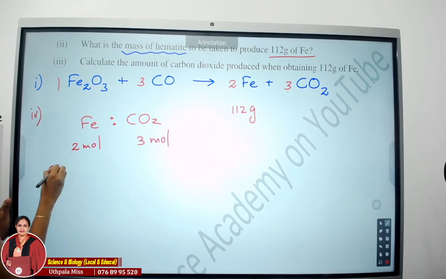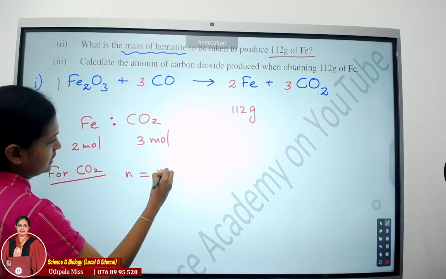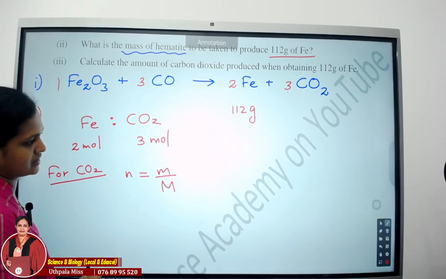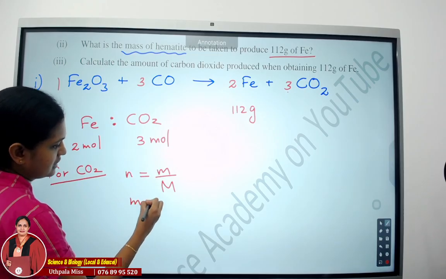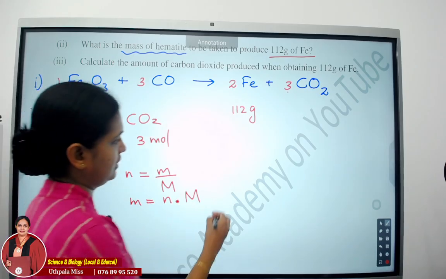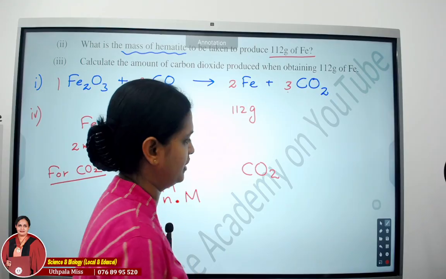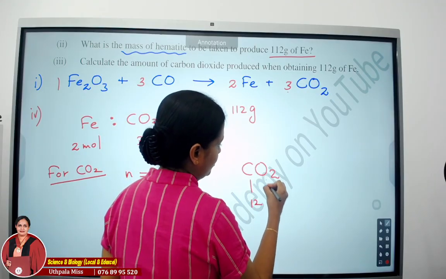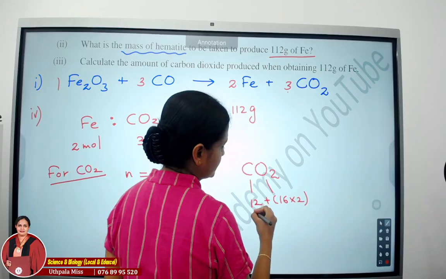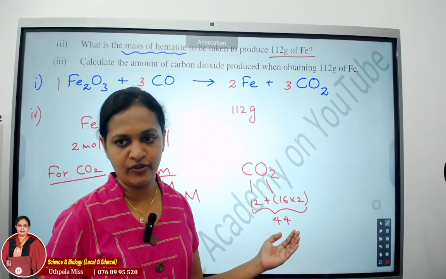For carbon dioxide, I can take the equation n equals m over M. You are asked what is the mass of carbon dioxide produced, so the mass equals number of moles multiplied by the molar mass. First you have to calculate the relative molecular mass. Carbon is 12, oxygen is 16, 16 into 2 is 32, plus 12 is 44. That is the relative molecular mass of carbon dioxide.